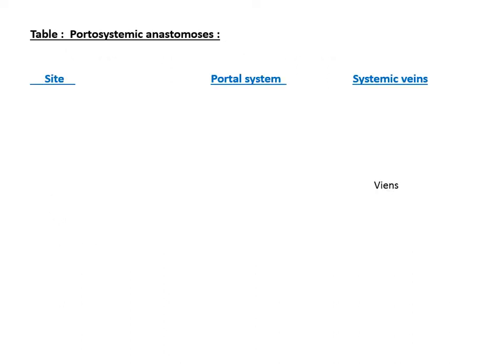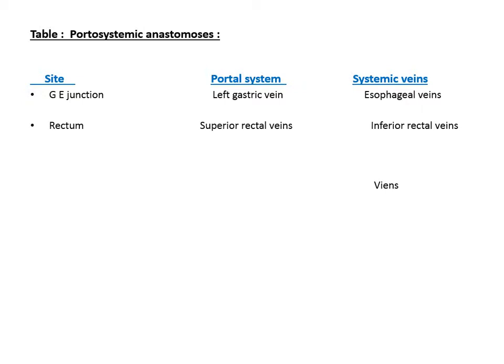So what are these collaterals? Portosystemic collaterals, according to site, connect a vein from the portal system and a vein from the systemic veins. According to site, we have the gastroesophageal junction. The vein from the portal system is the left gastric vein, and from the systemic is the esophageal veins. From the rectum, we have superior rectal veins and inferior rectal veins.